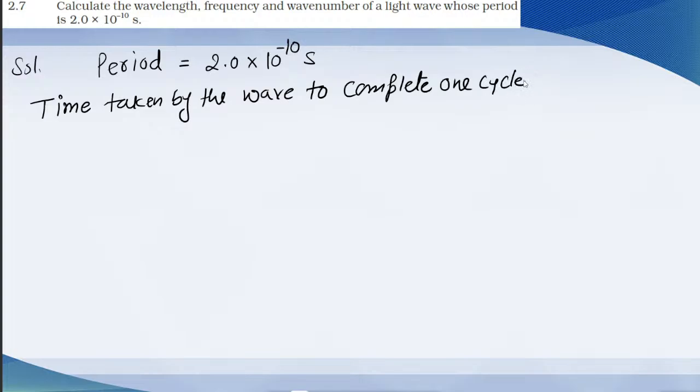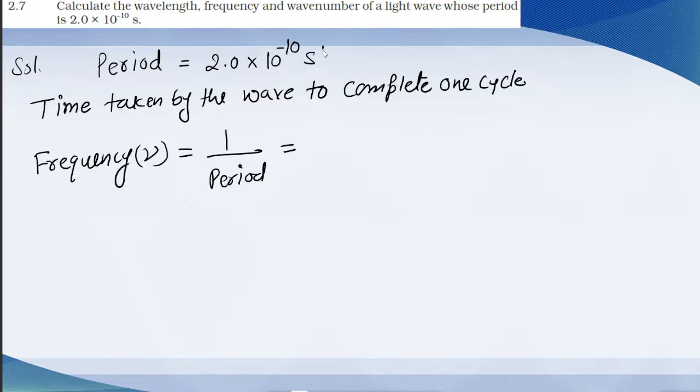Okay. There are three parts. First is frequency. Frequency is 1 upon time period, because period is second per cycle and frequency is cycle per second.